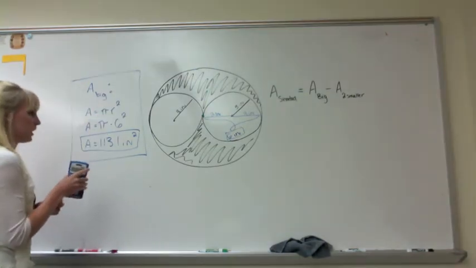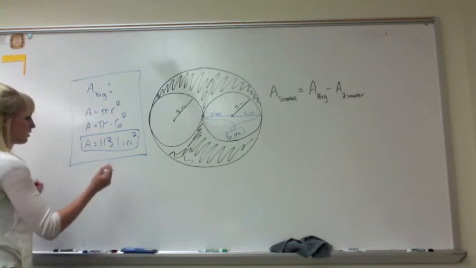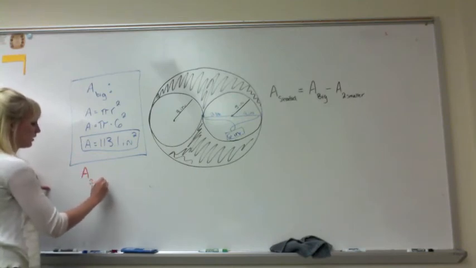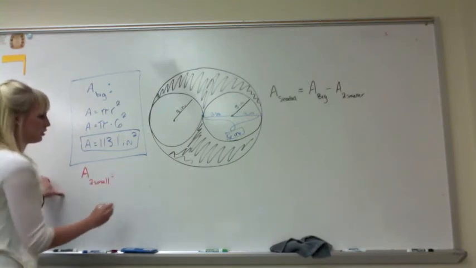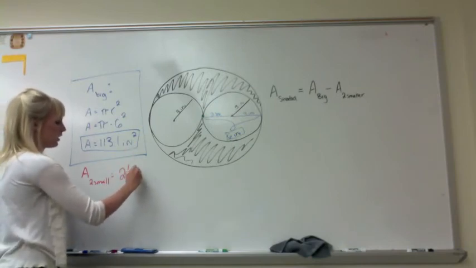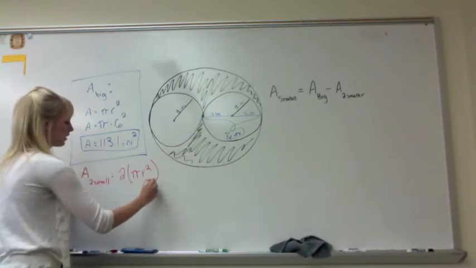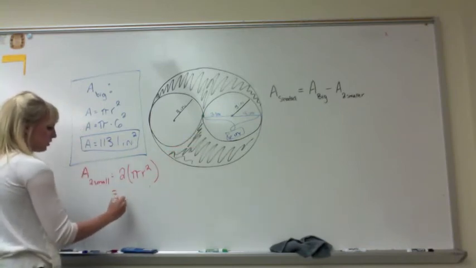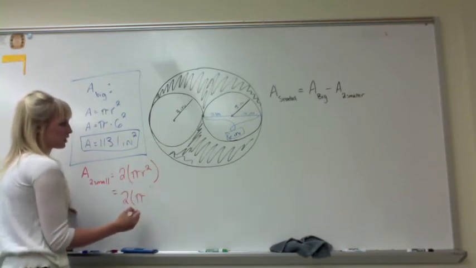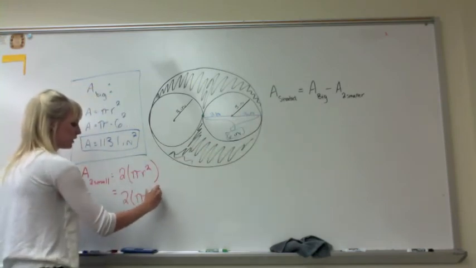Now I'm going to write in red the area of the smaller circles. So the area of the two small is equal to 2 times the area of 1. So 2 times pi r squared. I'm multiplying it by 2 because we have 2 identical circles. Okay, so that is equal to 2 times pi times the radius squared. The radius we were given already is 3, so 3 squared.